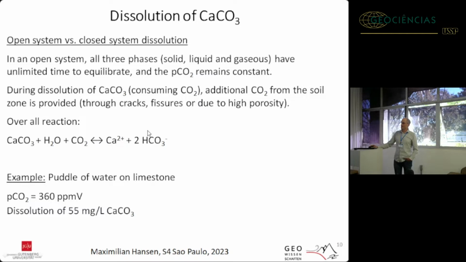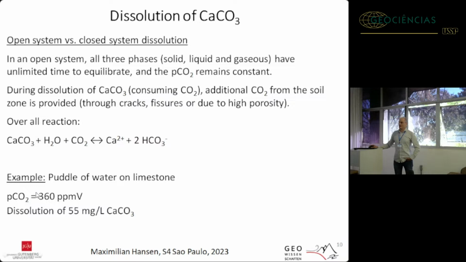This is the summary of all the equations I showed you before. You have CO2 in the water, you have water and calcium carbonate, and if the pH value is low, the reaction is going in that direction. So you have the formation of calcium and two bicarbonates.